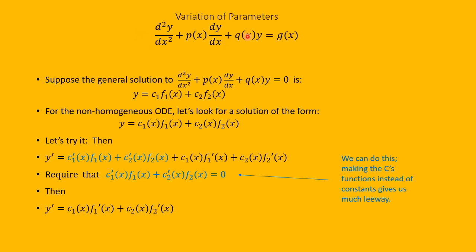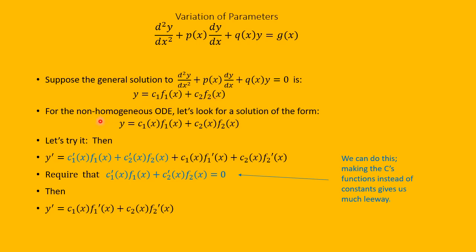So how can we solve this non-homogeneous equation using variation of parameters? Let's suppose the general solution to this differential equation equals 0. This homogeneous ordinary differential equation is y equals a constant c1 times f1 of x plus c2 times f2 of x.